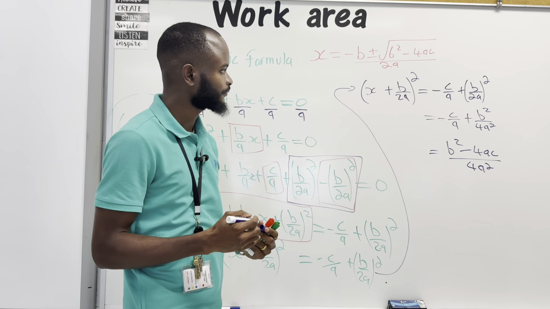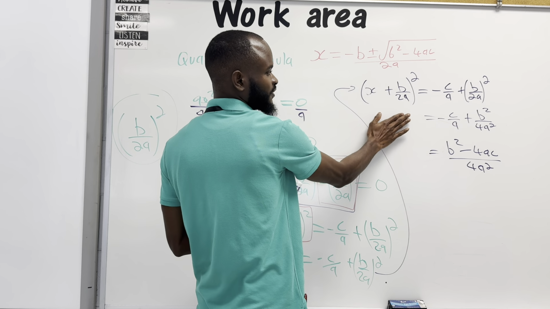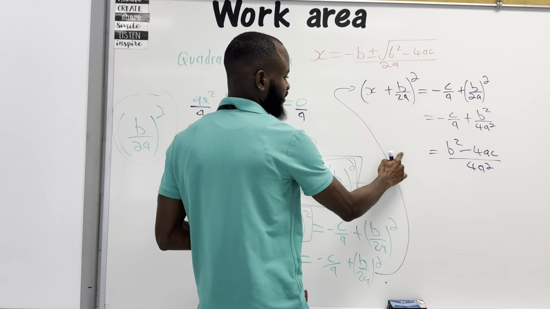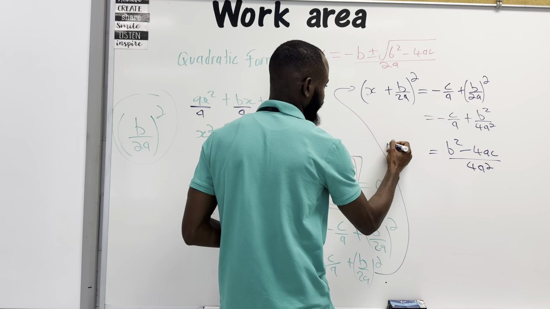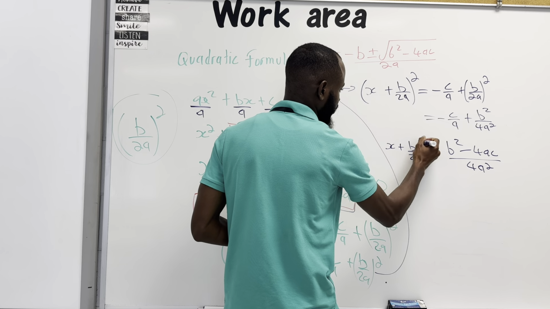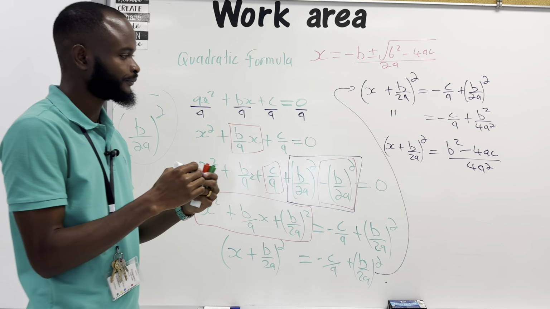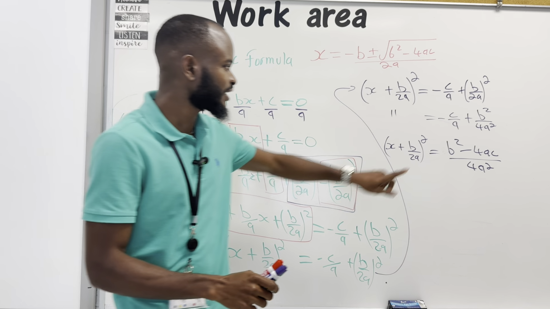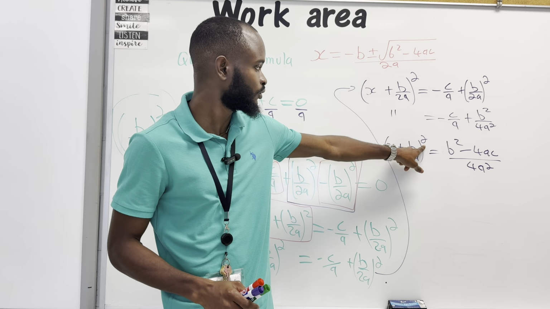We're getting there. Now, on this side right here, we're going to take care of this side right now. So I'm going to write this side out here, right? Now, we have x plus b over 2a all squared, because that's the same thing coming there. Now, we need to get rid of the square, the exponent of 2 right here.